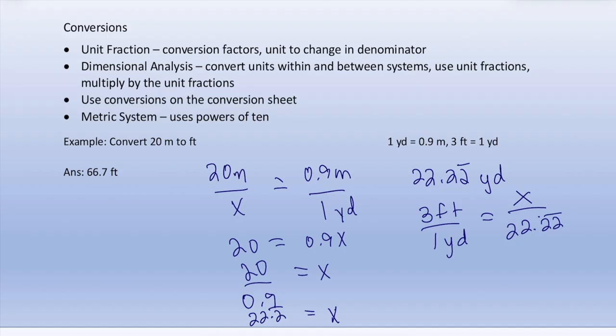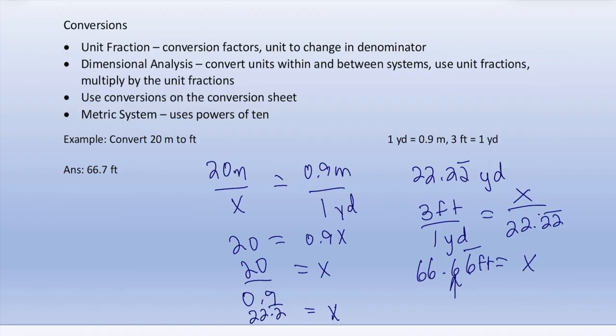So if we multiply that by 3, we get 66.66 repeating feet. Now, let's say that they want us to round to the nearest tenth. This number is a 6. Behind it is something more than 5. So it's going to become a 7.